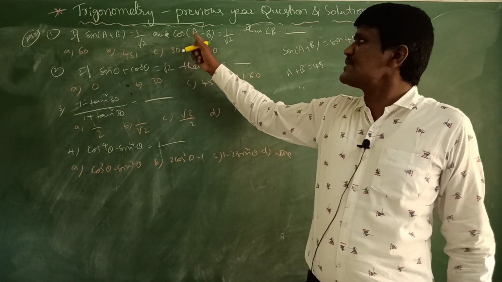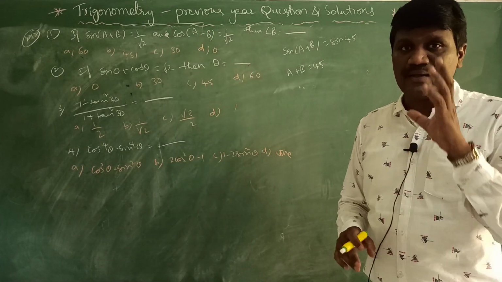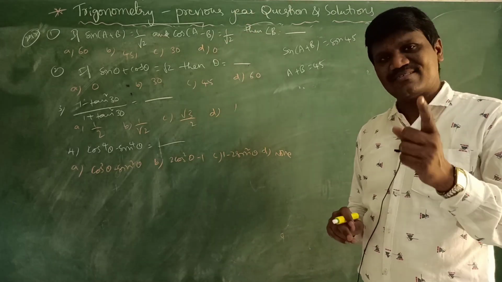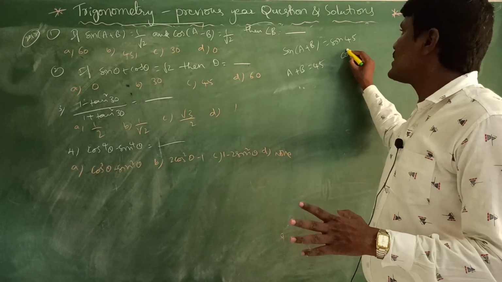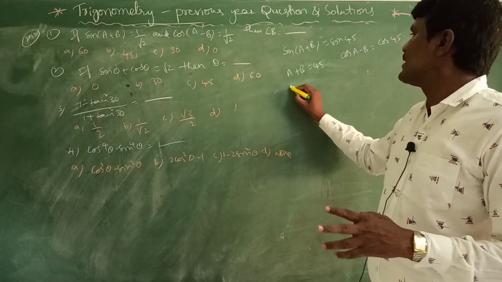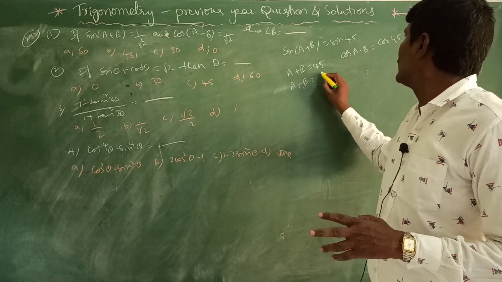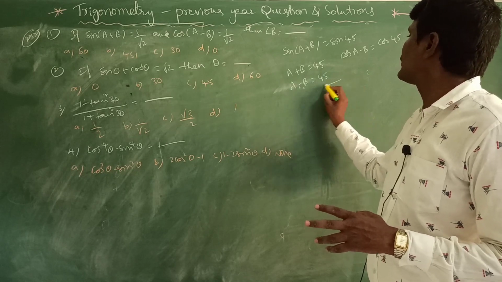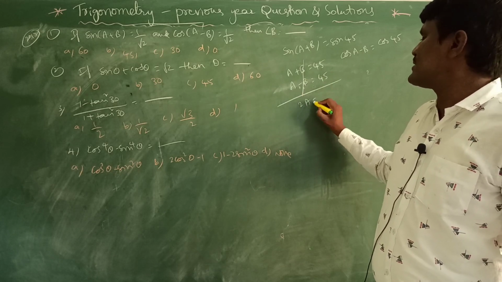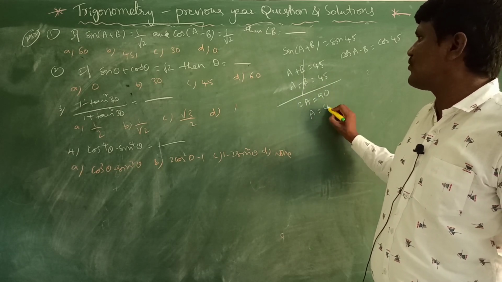Simply. And cos(A-B) is equal to 1 by root 2. In cos, for which value will 1 by root 2 come? It is also 45. So cos(A-B) is equal to cos 45. That means A-B is equal to 45. Right? So B cancels, 2A is equal to 90, A is equal to 45.